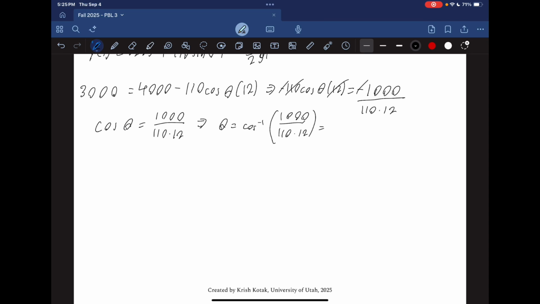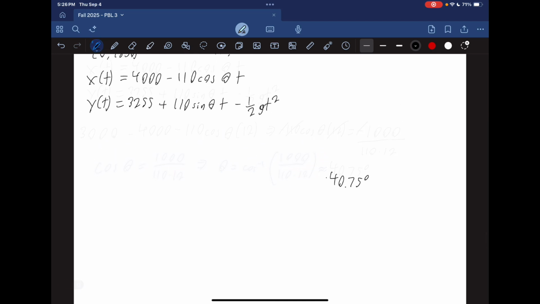And if you plug that into the calculator, 1,000 divided by 110 divided by 12 is equal to 0.75. And then you take the inverse cosine of that to get an angle of about 40.75 degrees.